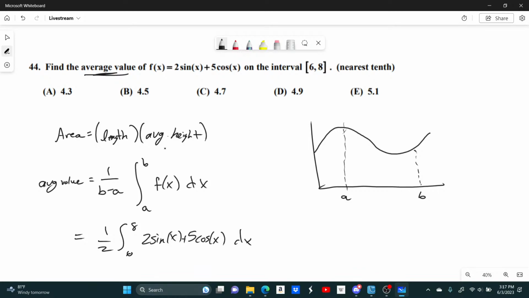Make sure you're in radians if you're following along. Yep, and you get 4.27. So 4.3. Nice. Okay. Hopefully this idea right here made sense. The area equals length times average height. Yeah, that's how I like to think about this problem.